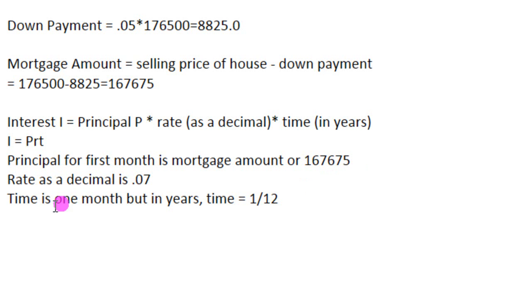That's an annual rate, so our time has to also be in years, and we're making monthly payments. So our time really for the first payment is 1 month out of an entire year. Now, since each year has 12 months, then we're going to have time equal to 1/12 of a year, which is the same as a month. And so we're going to substitute these values into our I equals PRT formula to then calculate the interest paid during the first monthly payment.